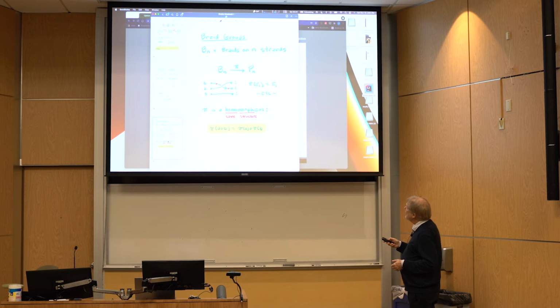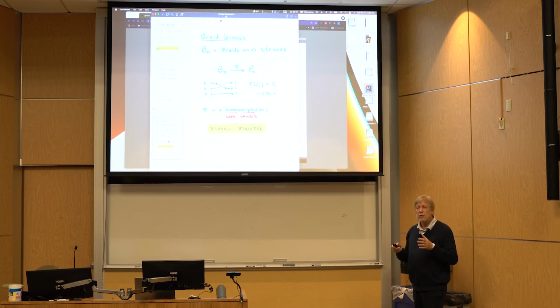Okay, so now this relates to what Nancy talked about in the last hour. This map that associates to a braid a permutation is actually a homomorphism. So it's not just any old map. It's a map that's compatible with the group structure on braids on the one hand and the group structure on permutations on the other.